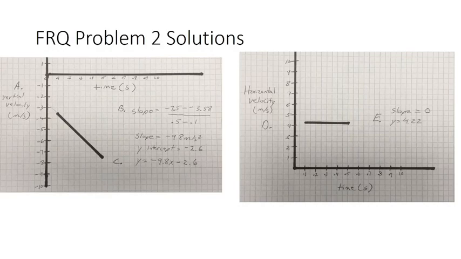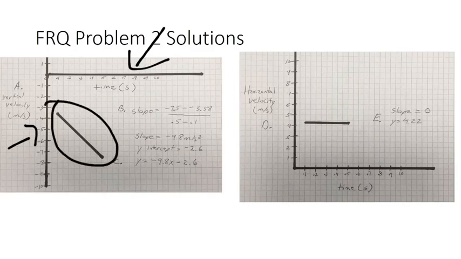So after we plot the vertical velocities against time, we end up with a graph that looks like this. We want to make sure that we clearly label each axis. So time on the x, vertical velocity on the y. Notice we get a straight line. Remember, on a velocity versus time graph, slope represents acceleration.